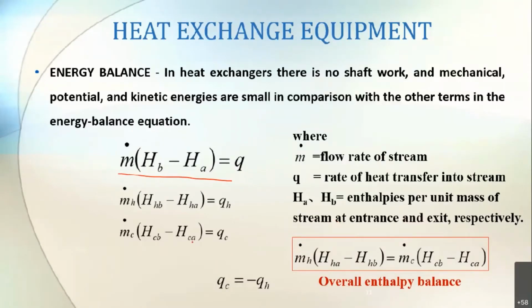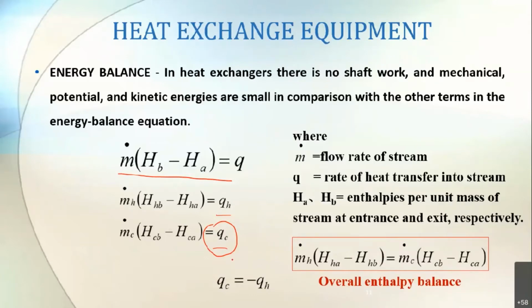Once you know this, you can have Q for the hot liquid and Q for the cold liquid. It will be the same number but in a different direction. If you think logically, your QC must be a positive value. Why? Because your QC is the heat transfer to the cold liquid, meaning that your cold liquid is receiving an amount of heat.